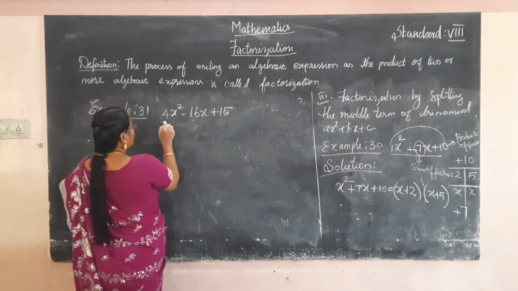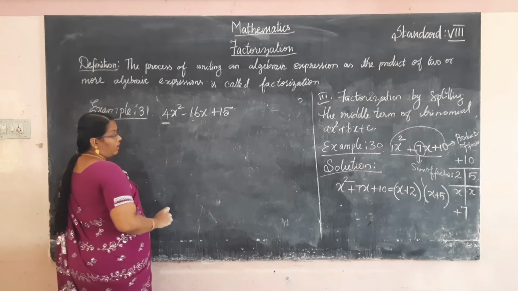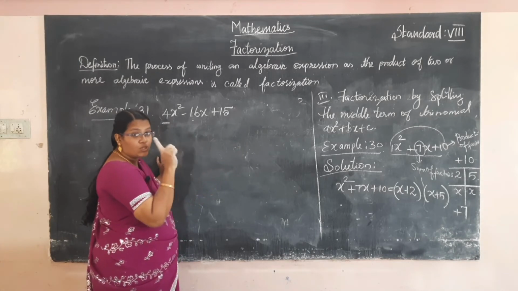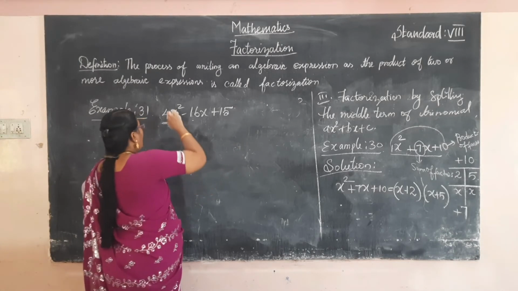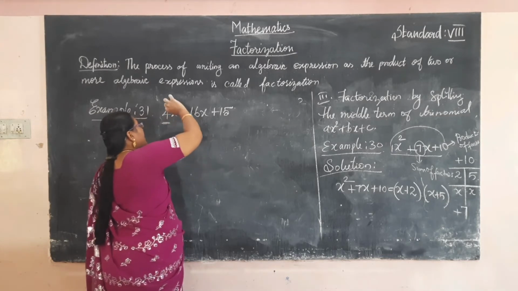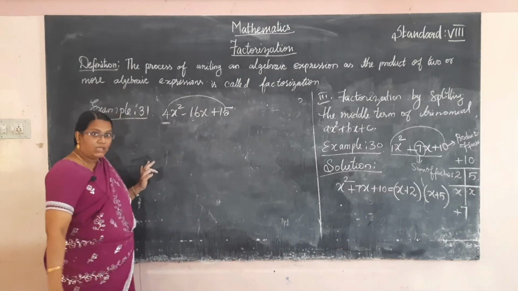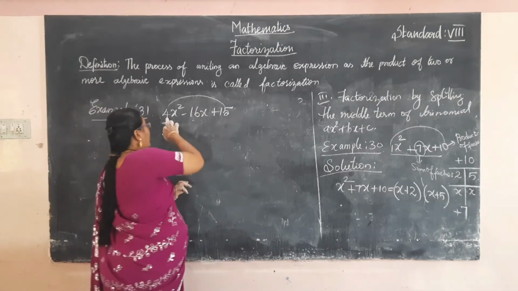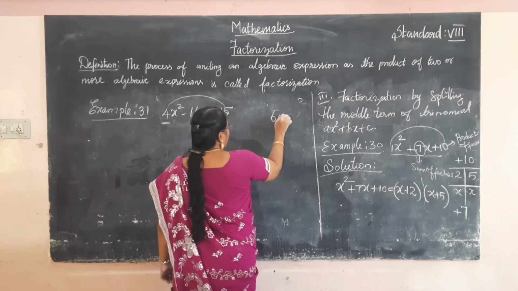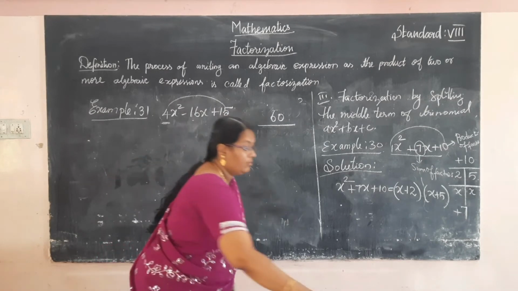See here, what is the value of a? Here 4. In the previous problem the coefficient of x squared is 1, so the same procedure we follow here also. Multiply the coefficient of x squared term and the constant term. What we get? 4 15s are 60. That can be written in the top of the T.